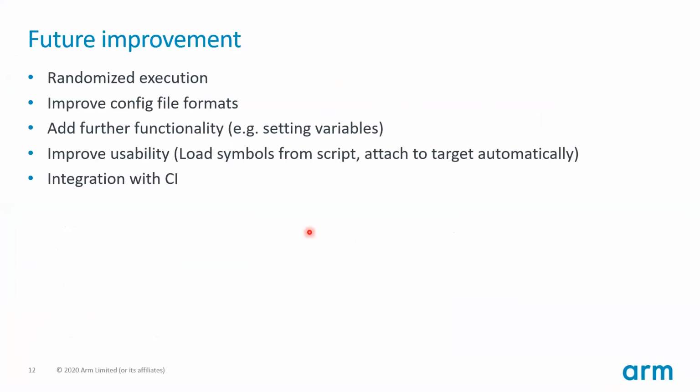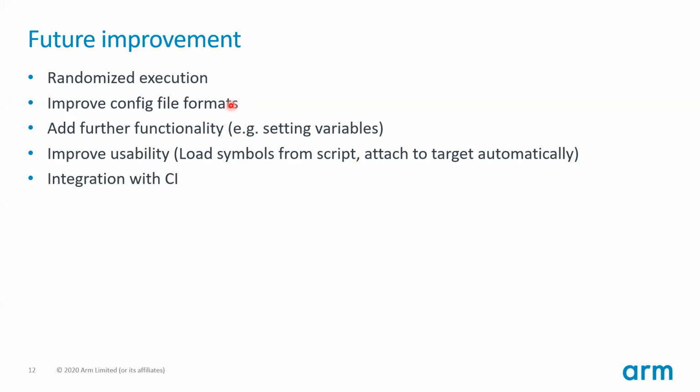And so what improvements are left in this tool? Of course, there are plenty. I get this question many times, whether this tool can be used for randomized execution of interrupts. Yes, of course. It just needs to be implemented. We can definitely improve the config file formats because the keywords are invented by myself, so not very good.